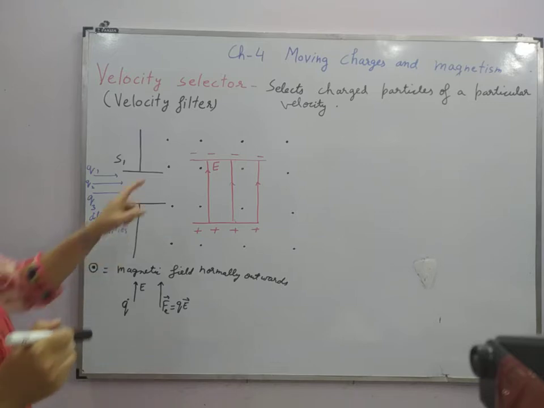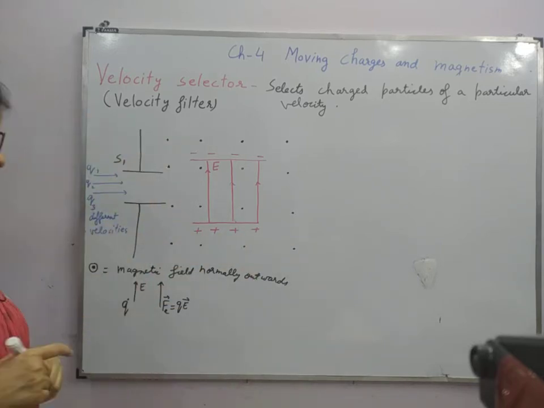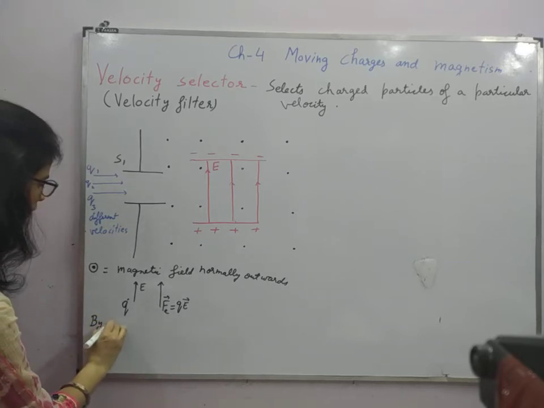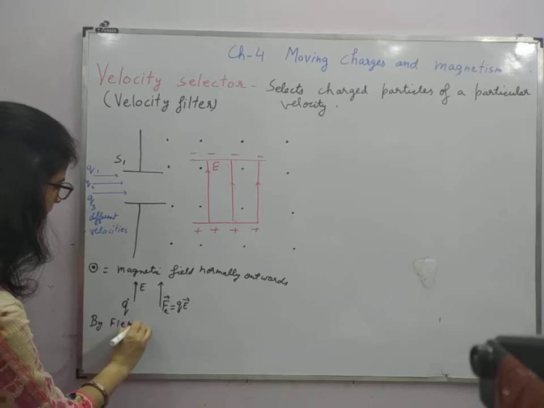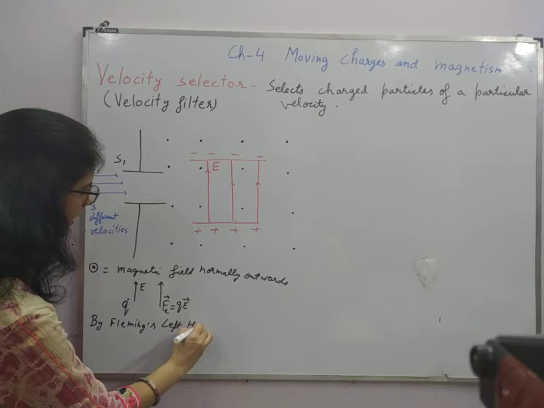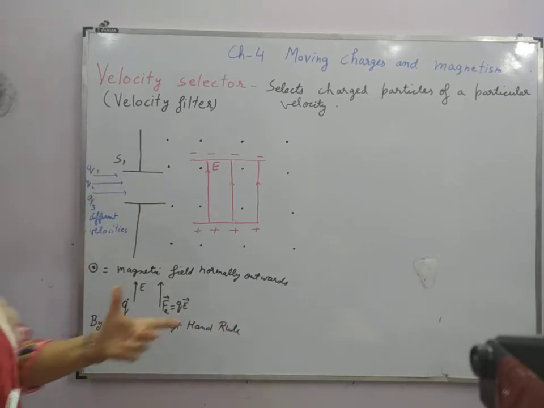Now if we want to find the direction of magnetic force, we have to apply which rule? Fleming's left hand rule. Let's apply it.